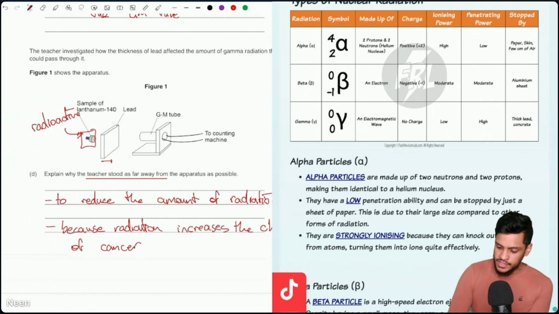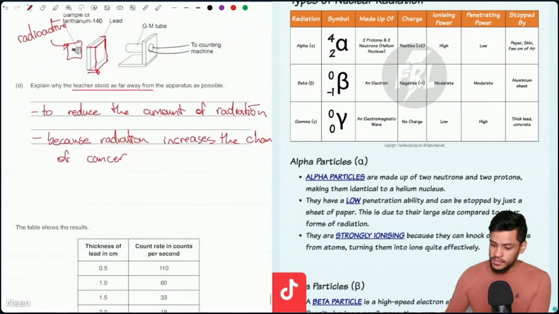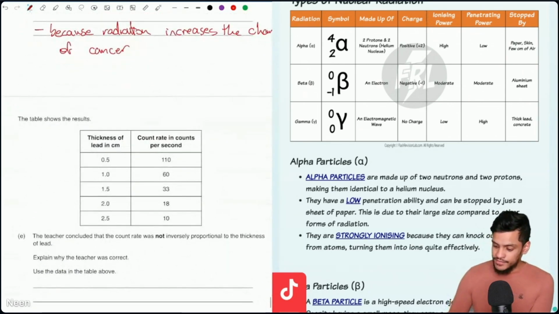Then you're increasing the thickness, starting off thin. Obviously, as you increase the thickness, less radiation passes through, so the reading goes down. If the reading goes down, does that always mean it's inversely proportional?